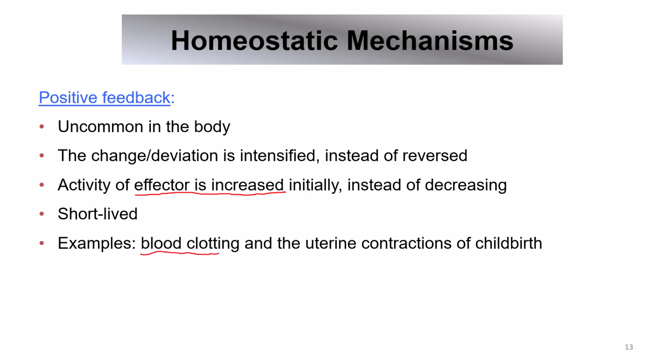With the blood clotting. And so here, if we get a cut, we start bleeding, the blood is coming out of the blood vessel, so we need to stop that. So in our blood, we have these particles called platelets. Platelets are attracted to the area due to the chemicals released by the injured cells. So then platelets come over to the area, they stick together, they stick to the cut part. But if they're not enough, they release chemicals that call over more platelets. And so then more platelets come over.